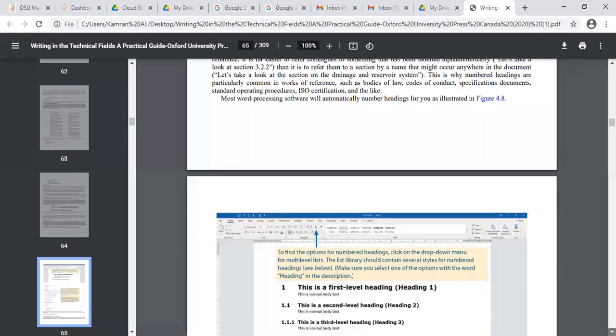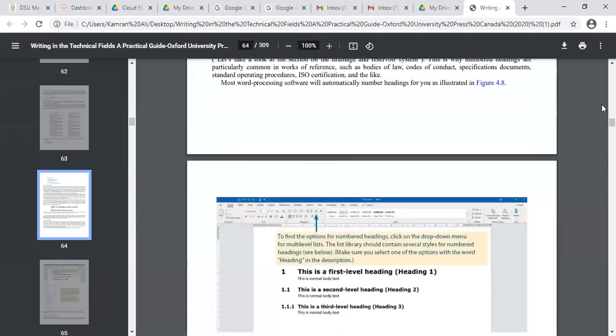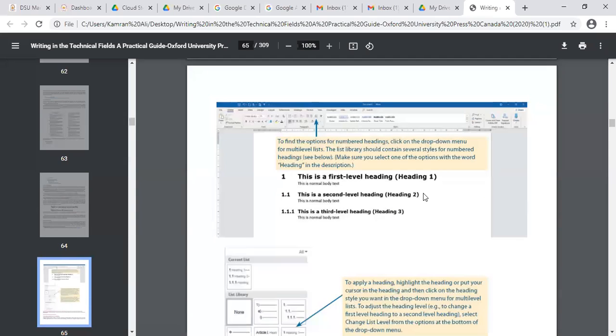So you can see over here we have the first level heading, and you have numbered it 1. Then for the second level heading, you have numbered it 1.1, and for the third level heading you have numbered it 1.1.1.